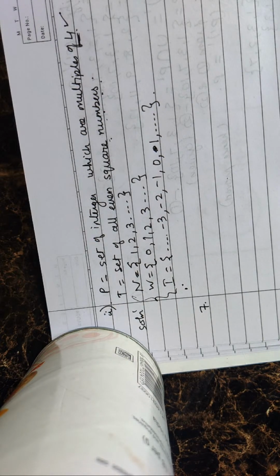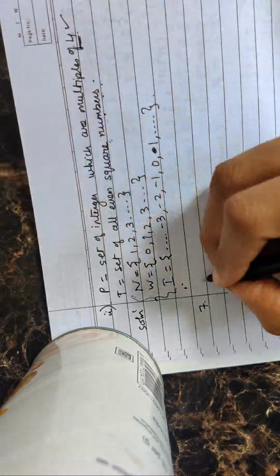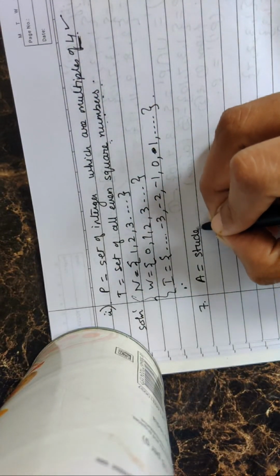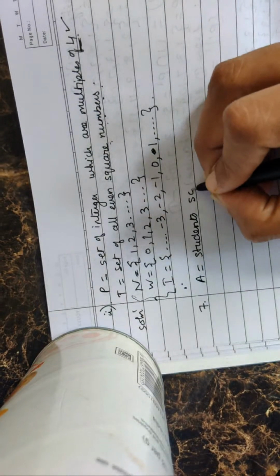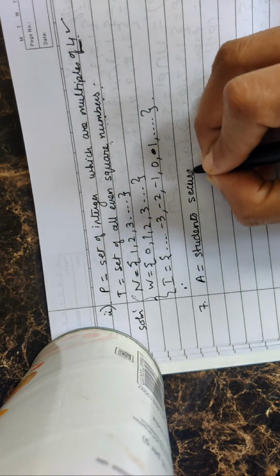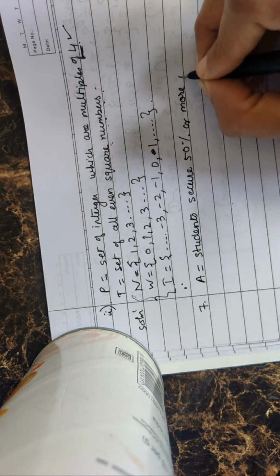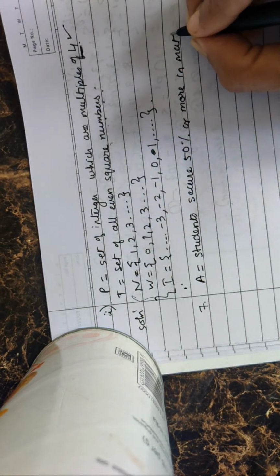So I hope this question is also understood. Going on to the last question. Let all the students of the class be a universal set. Okay. Let A be the set who scores 50% marks. So A is a set of students who secure 50% or more in maths.